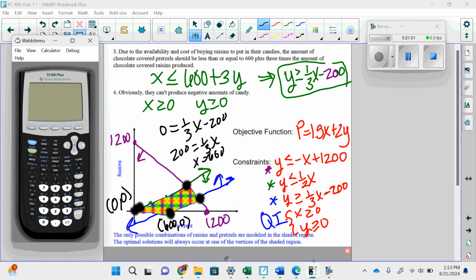So pulling up the calculator, let's enter our equations into our y equals. So we have y equals negative x plus 1,200. We have 1/2 x.